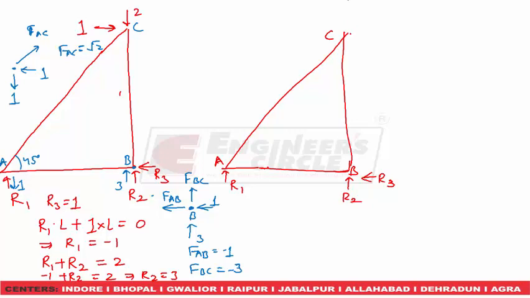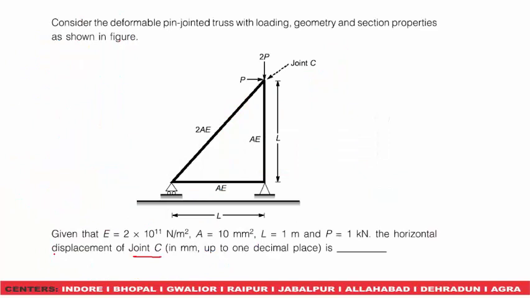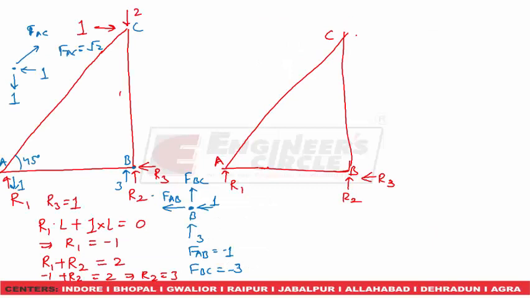Now we have to determine the horizontal displacement at joint C. So we will apply a unit load along the horizontal direction. Now again applying the equations of equilibrium, summation Fx equal to 0. From this we will get R3 equal to 1.